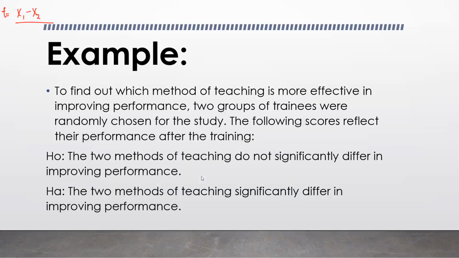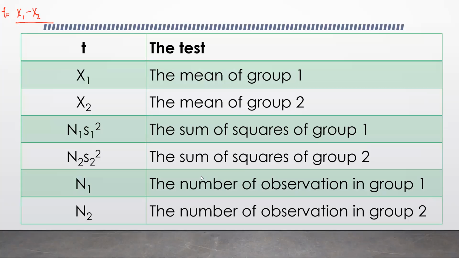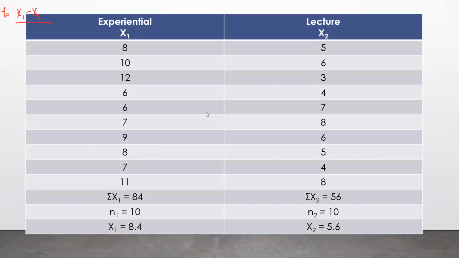It's s pala. x1 minus x2. S x1 minus x2. But before we can proceed with the computation of this kasi, kailangan muna natin i-compute yung s sa baba. Pero pwede natin ilagay na dito.